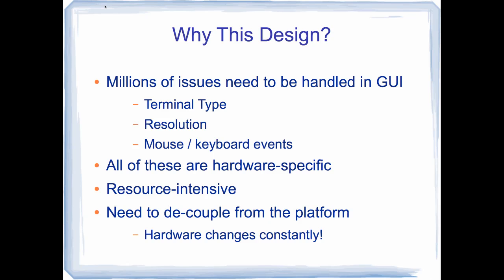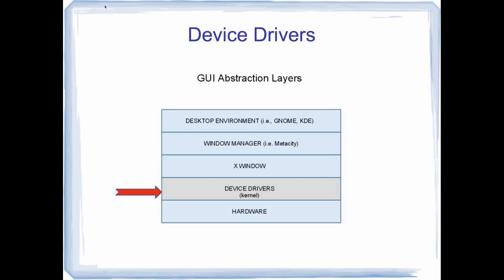So how do we start to implement this kind of a structure? Well, first of all, we do it in the traditional Linux, Unix way by having device drivers that are built into the kernel. Meaning that the only way anybody ever touches the hardware is through a device driver. That means that any application layer above the hardware can only get to that hardware by making a kernel call, which contains the device driver, which will in turn direct the hardware.